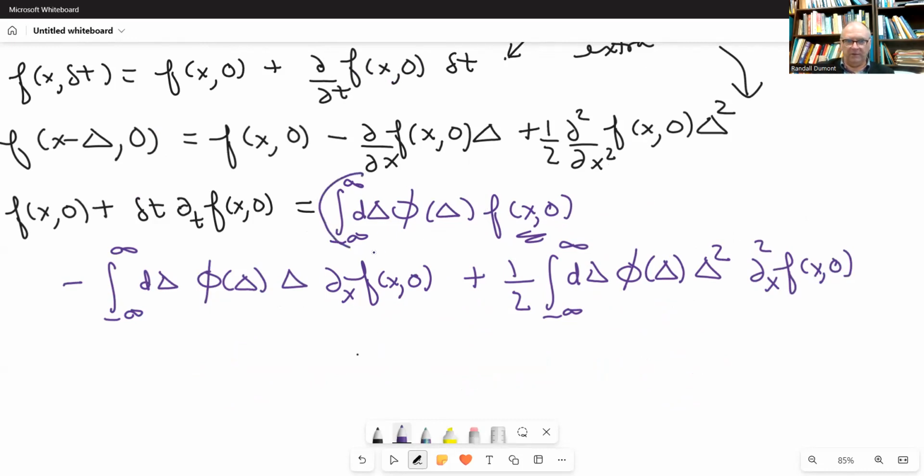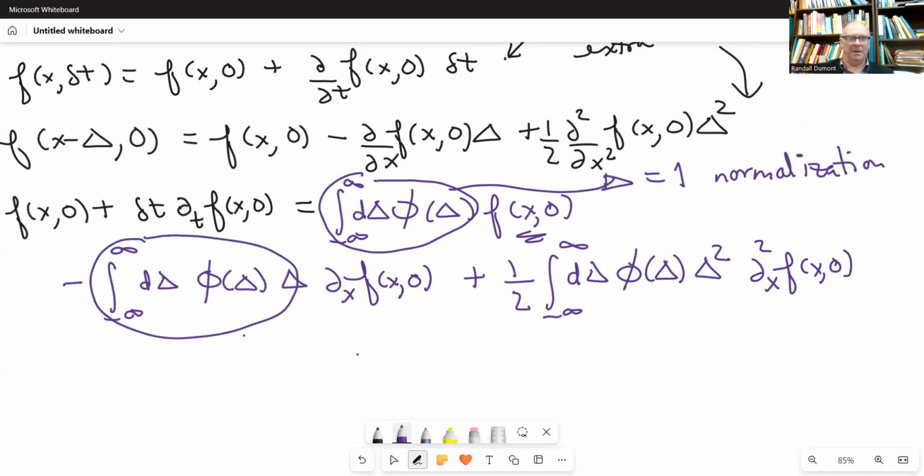So what do we have? So this integral is equal to 1. The particle must move somewhere. That's a normalization. This integral is equal to 0 because we assume that phi of delta is an even function.